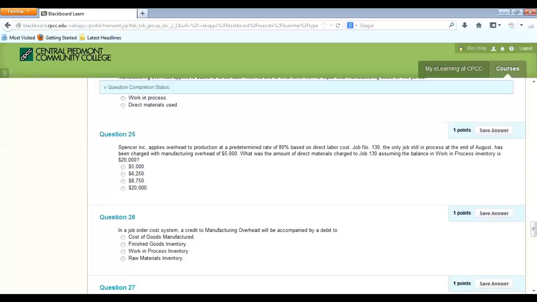We had overhead of $5,000 that's been charged to this job in question. We had total work in process of $20,000, and we're looking for the direct materials associated with that.